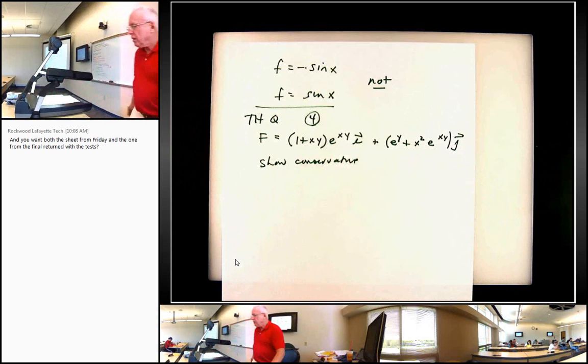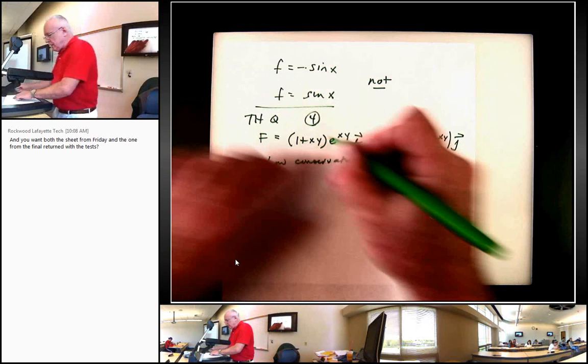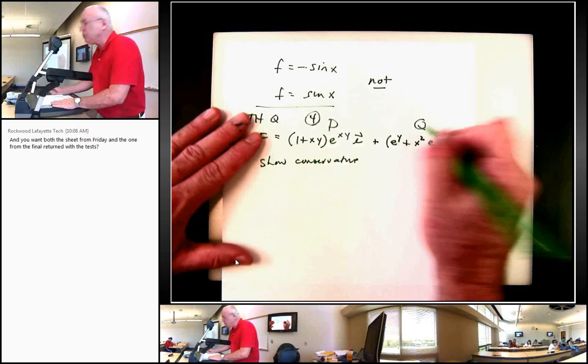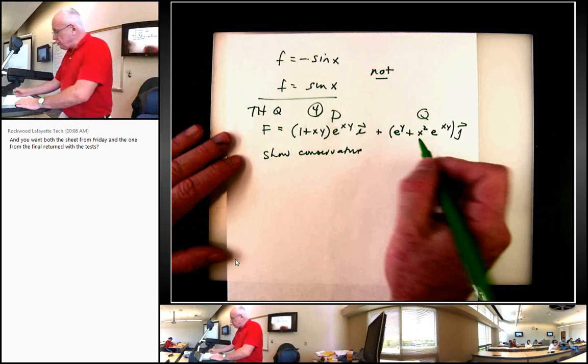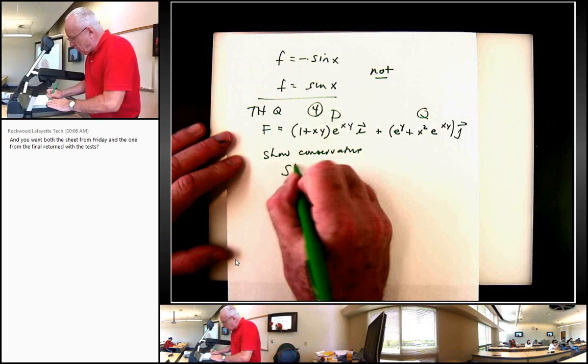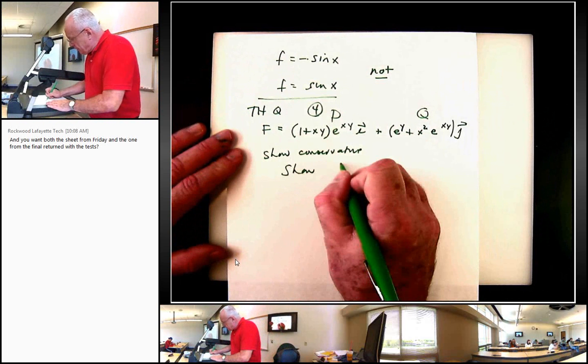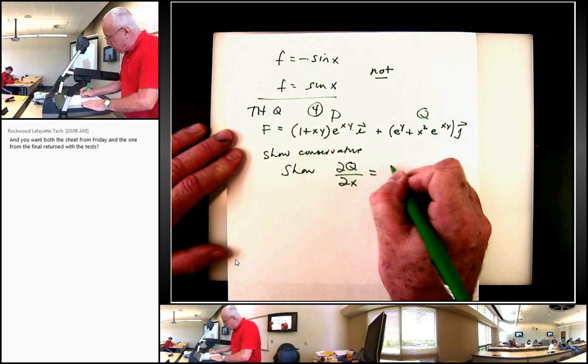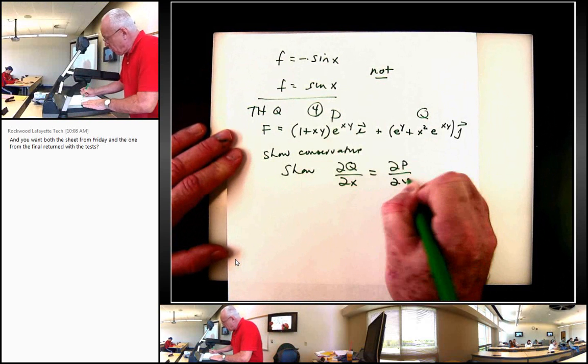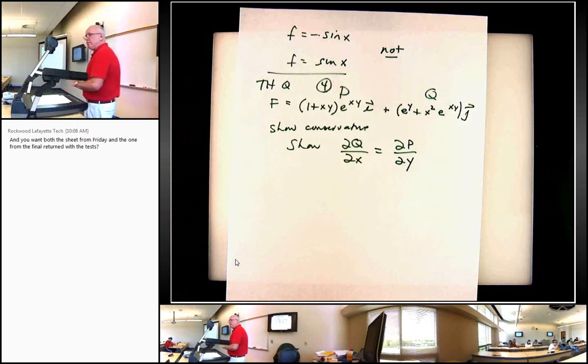So doesn't that mean this is our p and that's our q? We only have 2 dimensions here. So we need to show that the derivative of q with respect to x is equal to the derivative of p with respect to y, right?